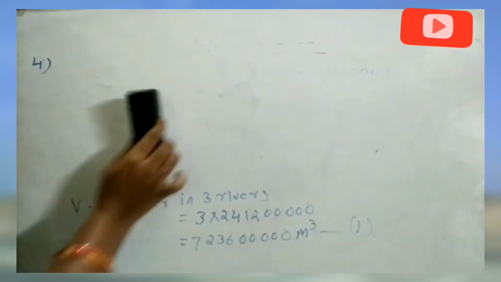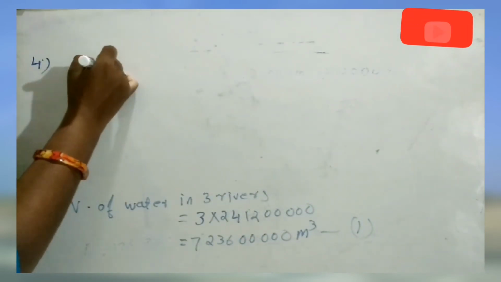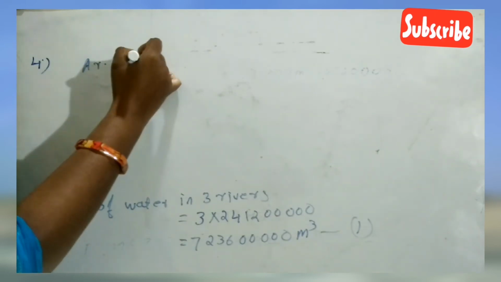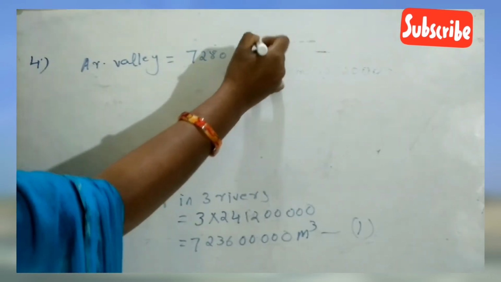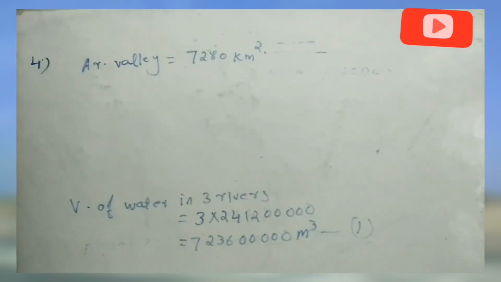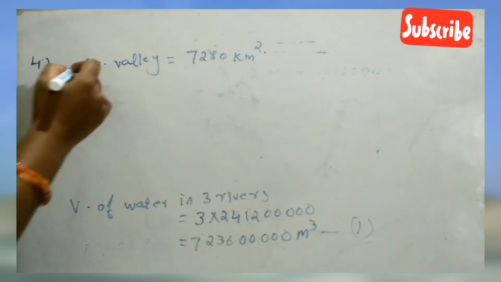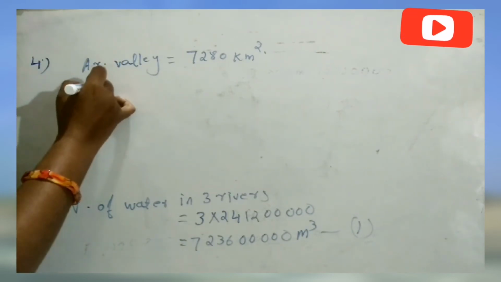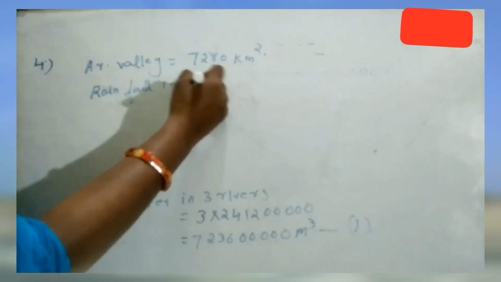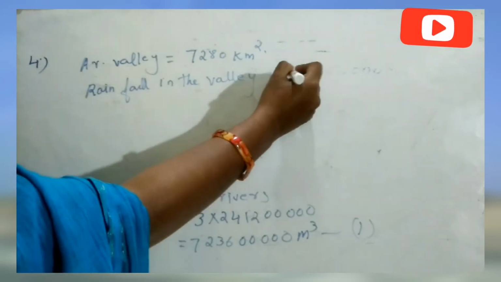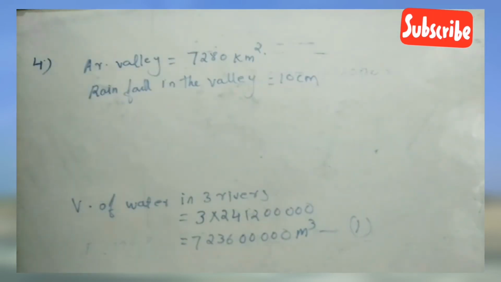Now area of valley is given in the question. Area of valley is equal to 7280 kilometer square. Now, rainfall in the valley is equal to 10 centimeter. That is also given in the question.